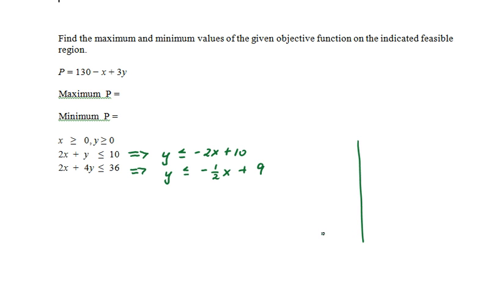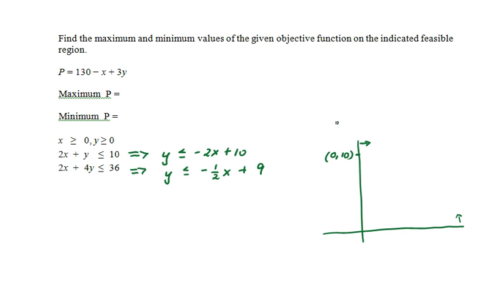It includes the positive x and y axes, y less than or equal to negative 2x plus 10. So let's put 10 up here. And it has slope negative 1/2.